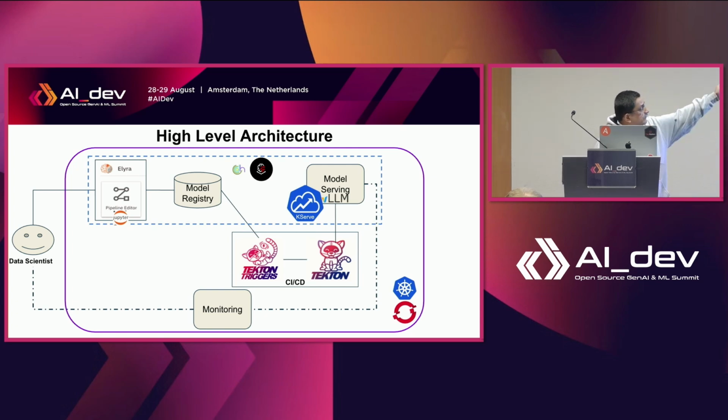Once that is done, the model is pushed into a model registry. It can be any model registry. We are working on creating something in our own product set, but it can be a simple S3 bucket for now.